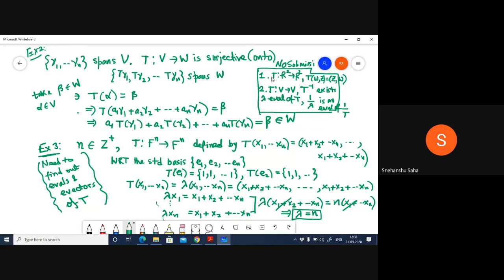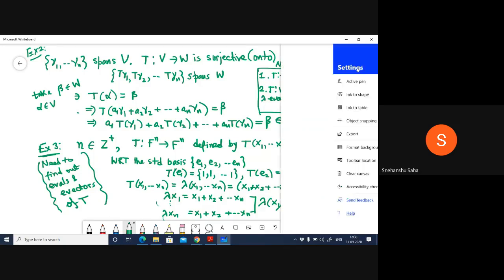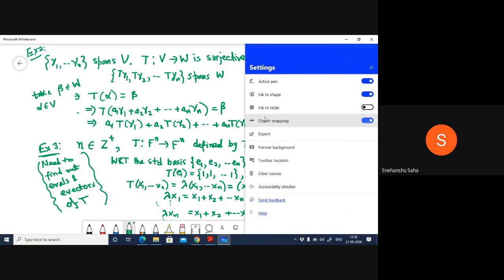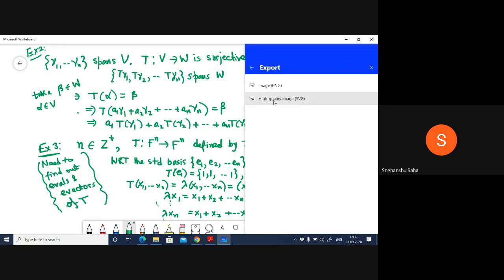All right. So before I start, as I said, let's now start talking about invertible linear maps.